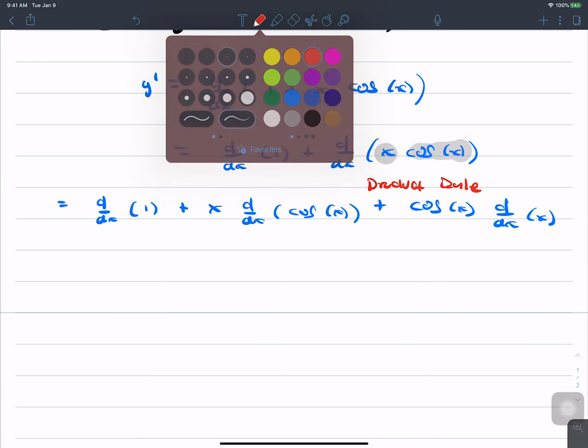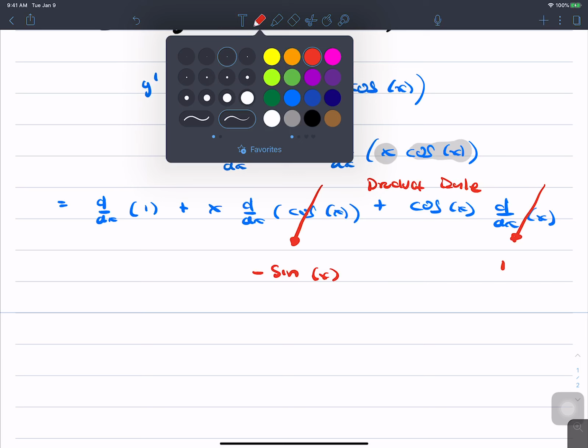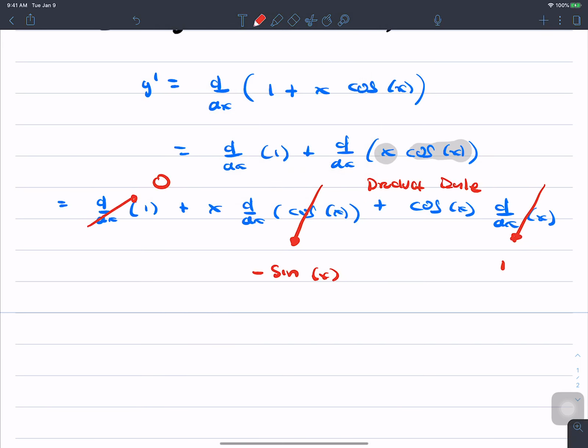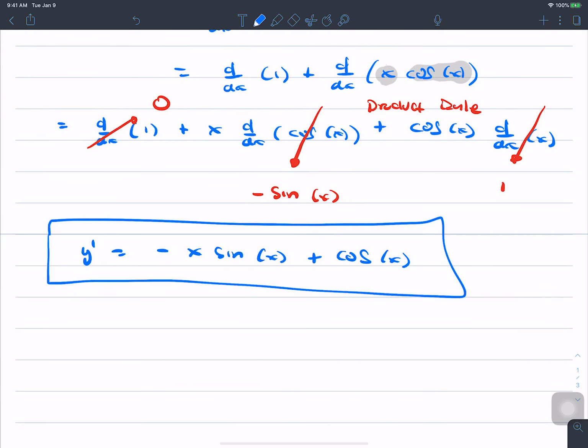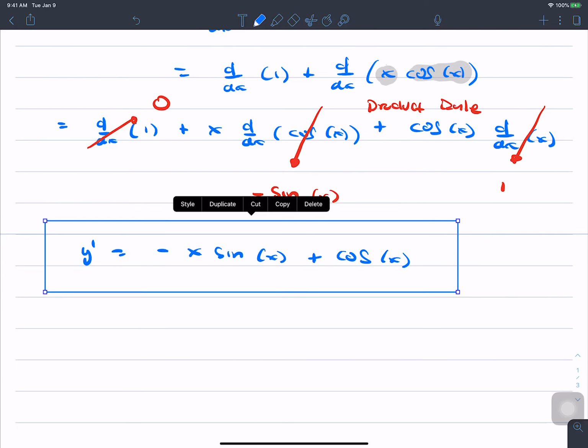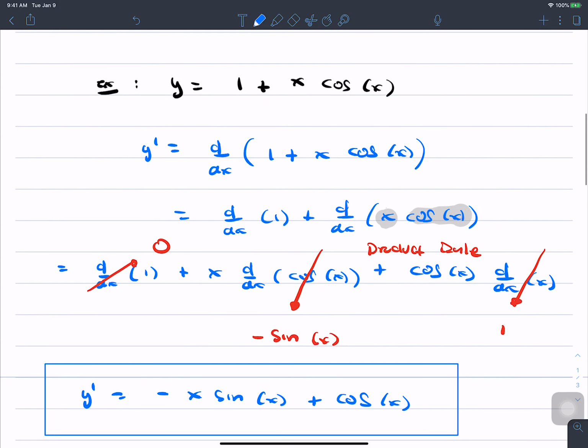Derivative of cosine here will be minus sine, and derivative of x is 1. So altogether, don't forget the derivative of your constant will be 0. So, we get minus x sine x plus cosine x. So here's your derivative. Anyway, here's going to be the product rule.